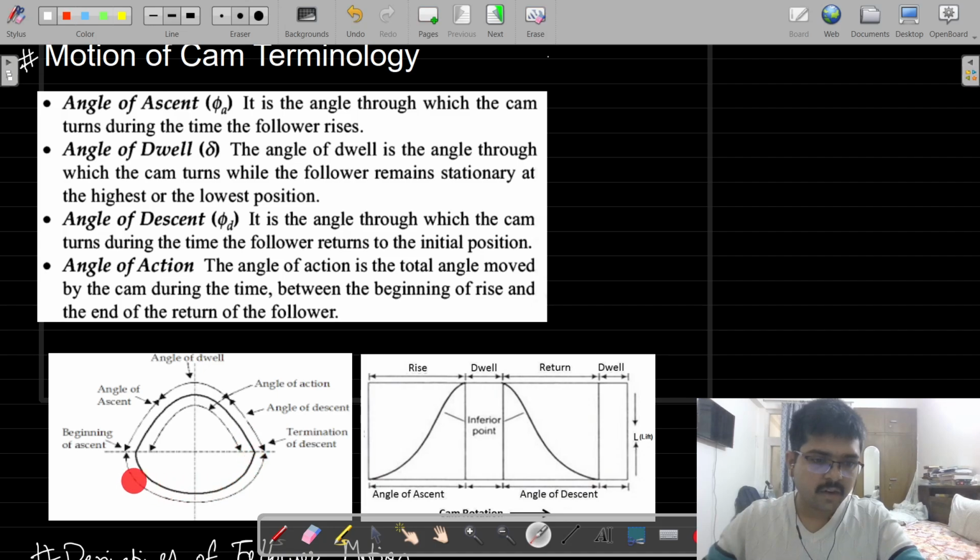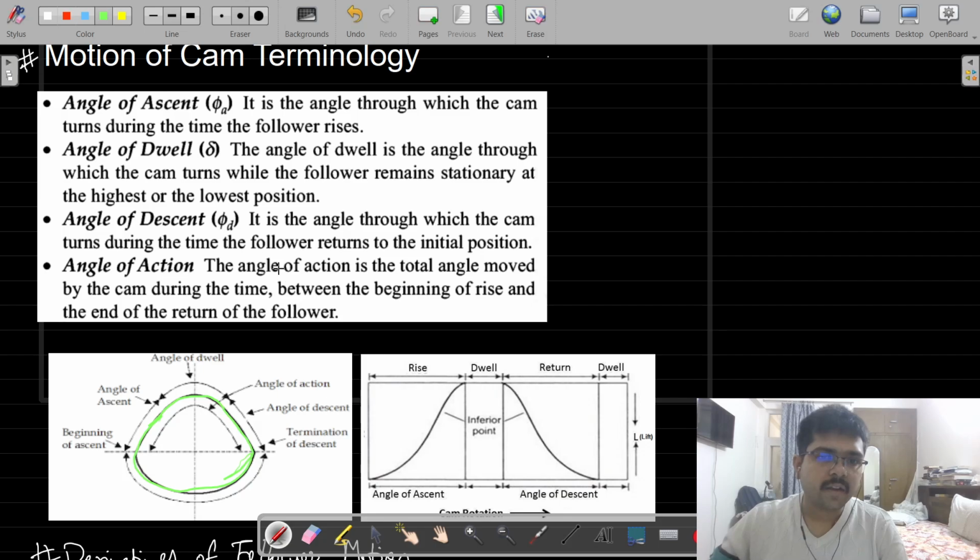This is the cam profile, I'll draw the cam profile in green, and this is the angle of ascent.